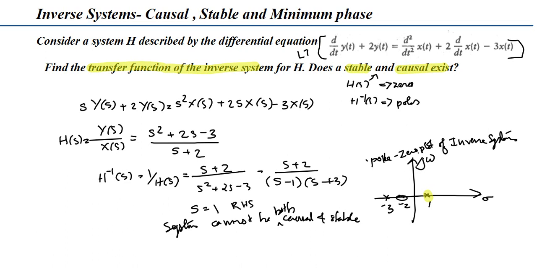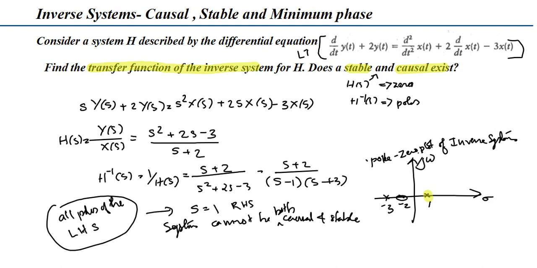In order to make a system both causal and stable, all the poles of the system should be on the left half of the s plane. This is the condition. Here s equal to 1 means the right half of the s plane. That's why no stable and causal inverse system exists. The same thing we can evaluate without calculating the inverse also.